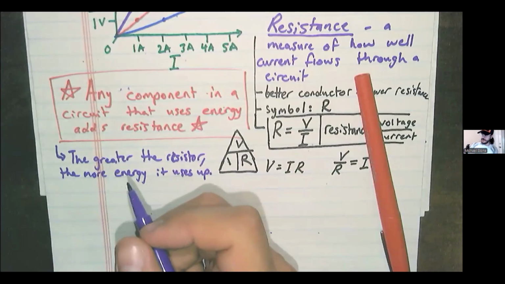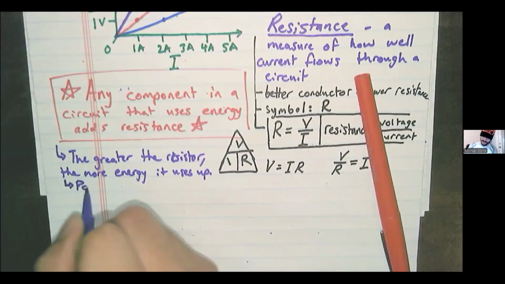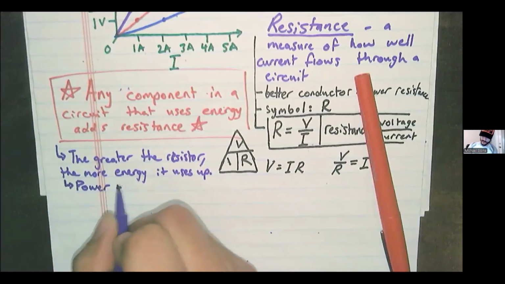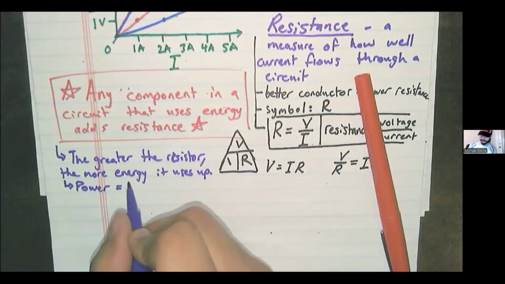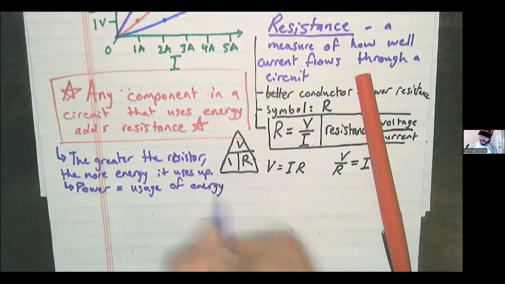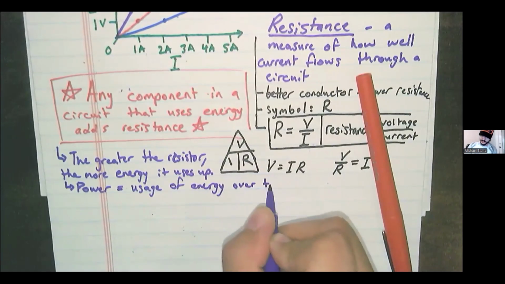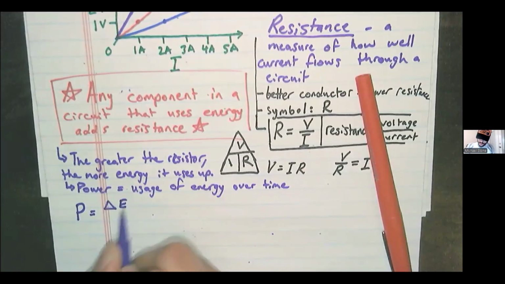Remember that power is the rate of energy usage. That should still be reasonably buried in your folds of gray matter, but power is the usage of energy over time. Power is your change in energy over time.